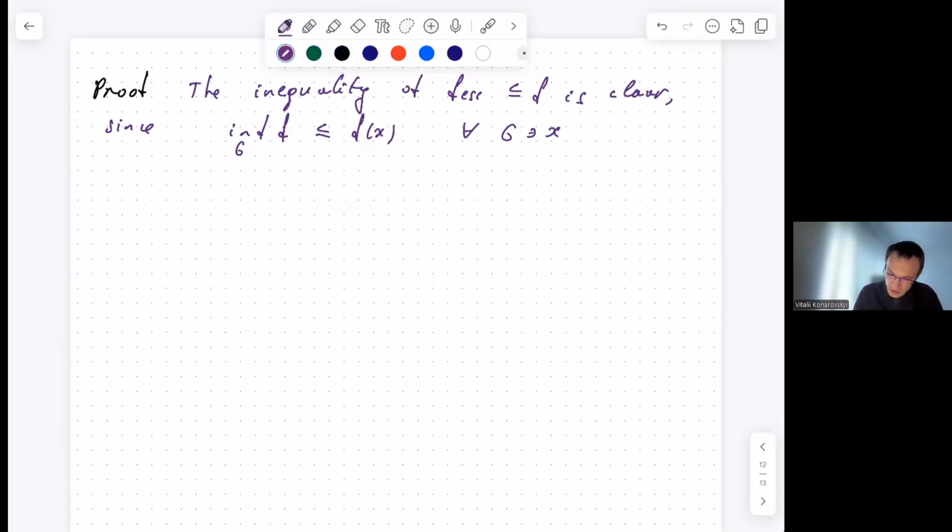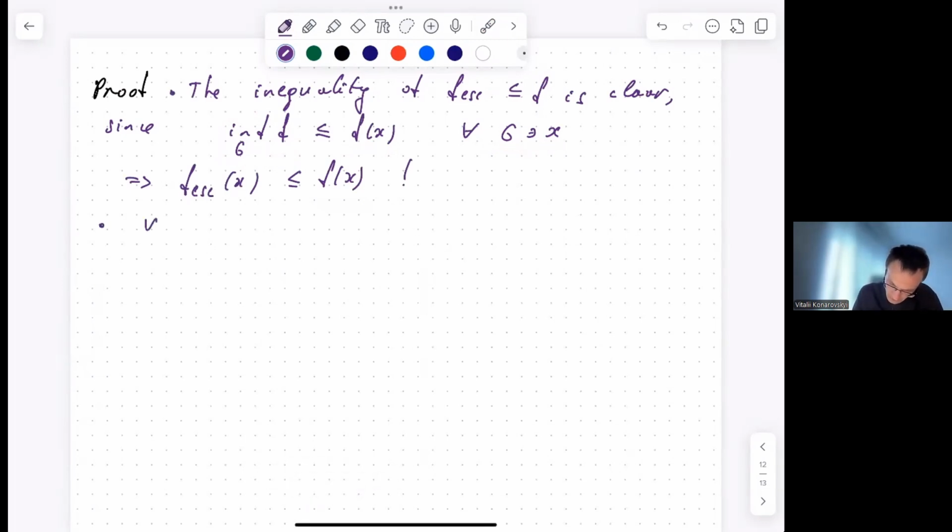And now when you take the supremum over all sets that satisfy that property, you also cannot get something larger than f of x.